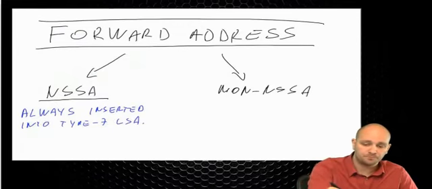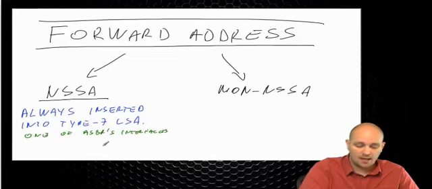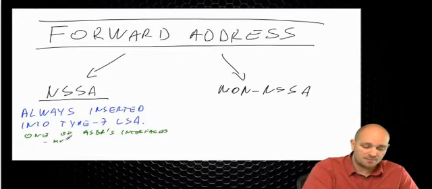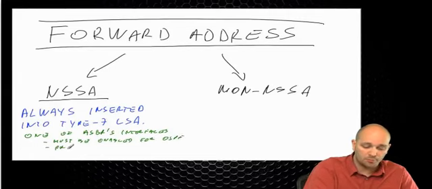Now, the value of the forward address when we are dealing with the NSSA area will always be one of the ASBR's interfaces. And this interface must be enabled for OSPF. And preference is given to loopbacks.